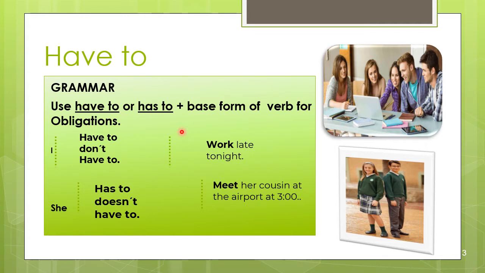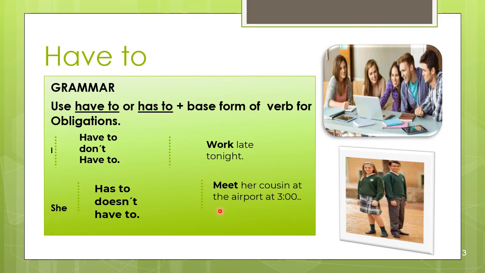I have to, I don't have to. Do I have to, when I am asking. What about the third person singular? You already know the third person singular: she, he, and it. For example, if I'm talking about a woman, I have to say, she has to.